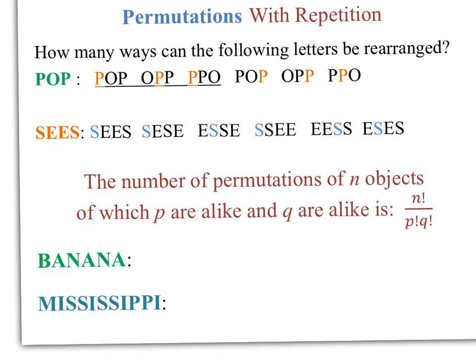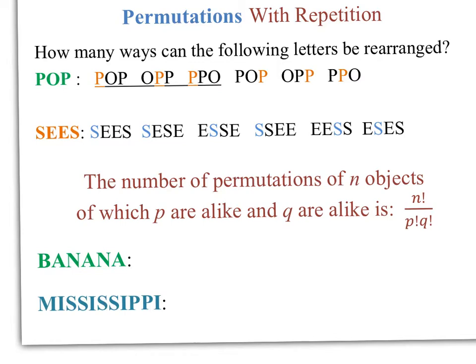Okay, so now let's look at what happens when you have permutations with repetition. This most likely is going to happen when we're talking about permuting the letters in a word. So let's start off real simple. We have the word POP, like Hop on Pop.